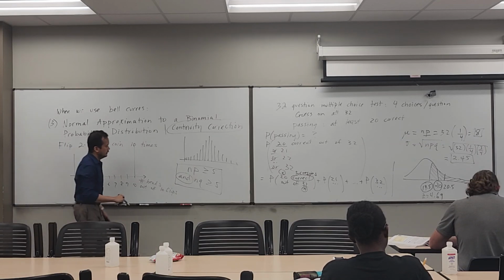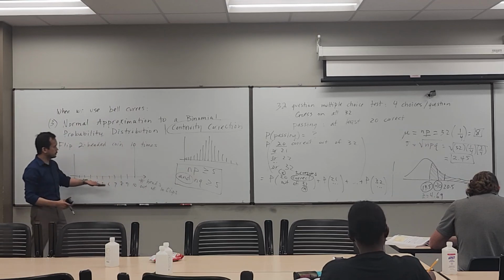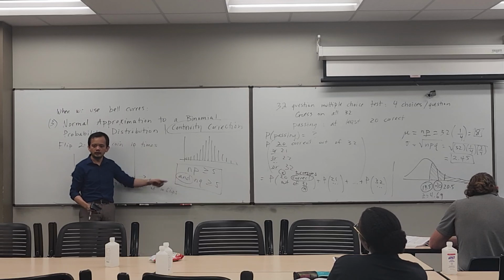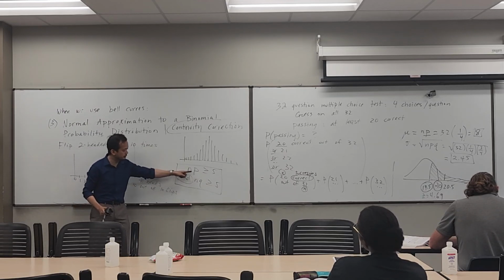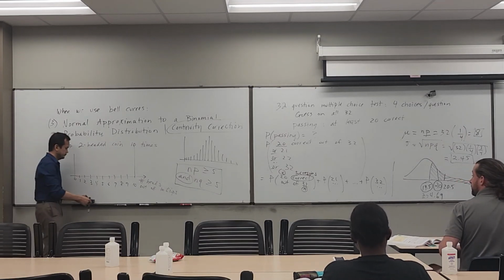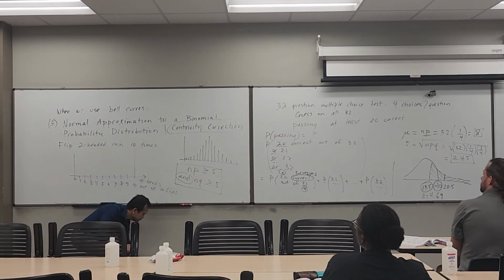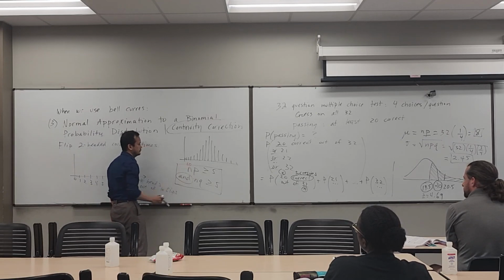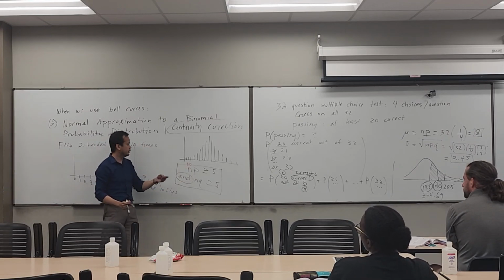Okay, so in this example, the absurd example with the two-headed coin, let's go ahead and test these assumptions and see whether they're met. So what's N, what's P in that case? N is 10 and P is 1. Yeah, 1, good, 100% or 1.